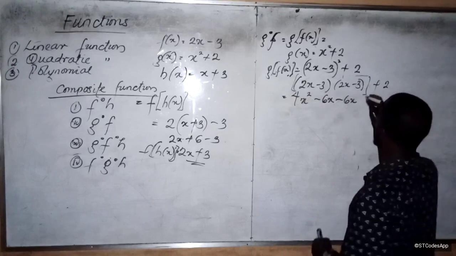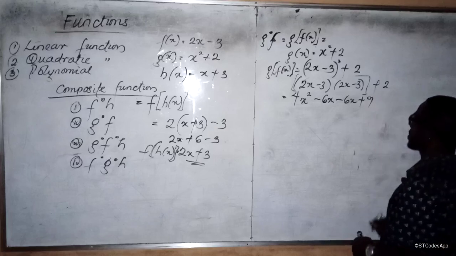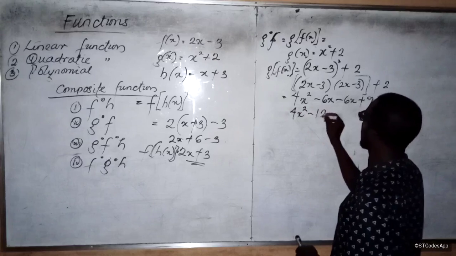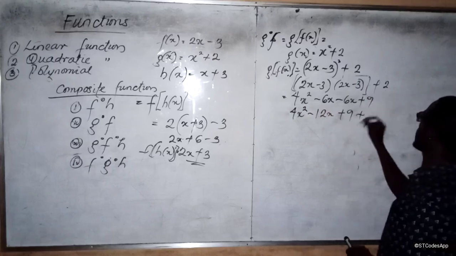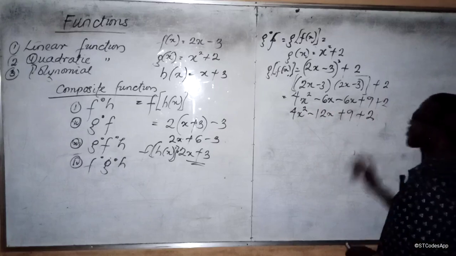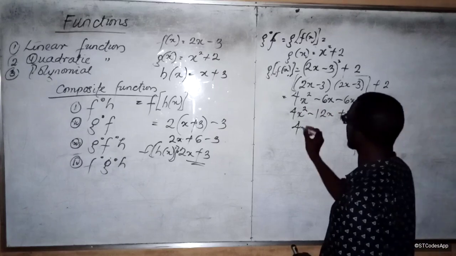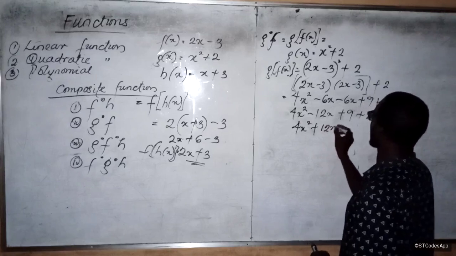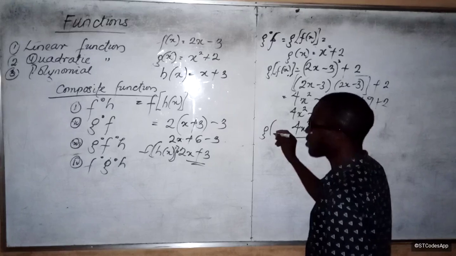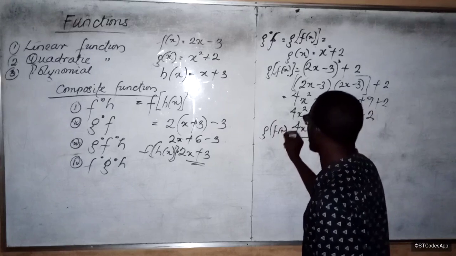Then minus 3 times minus 3 is plus 9. Is that okay? So we have 4x squared minus 12x plus 9. Then to bring down our plus 2, this plus this is going to give us 11. So we have 4x squared minus 12x plus 11, and this is our g of f of x.